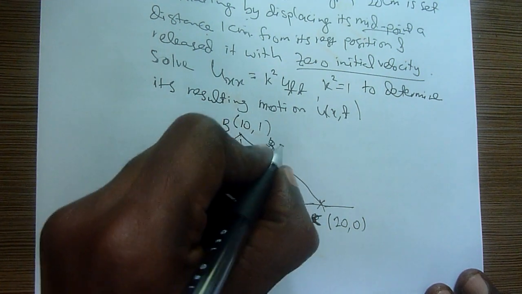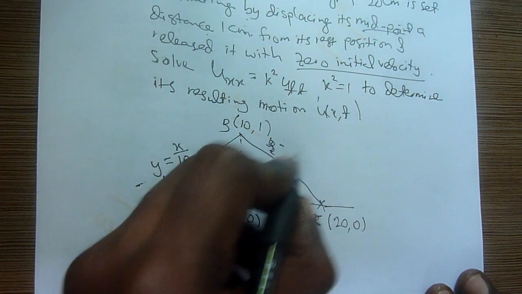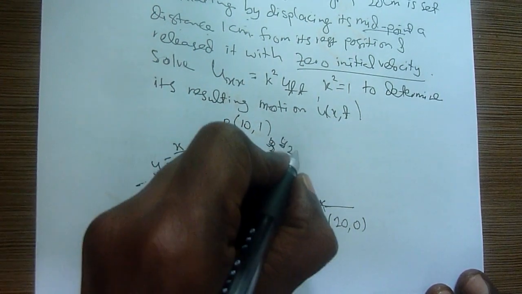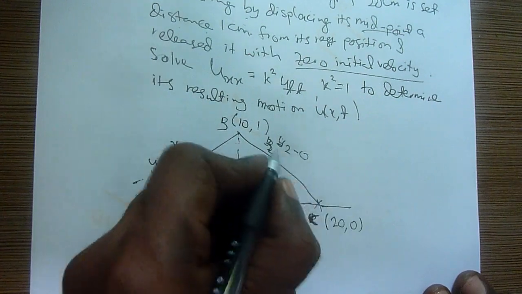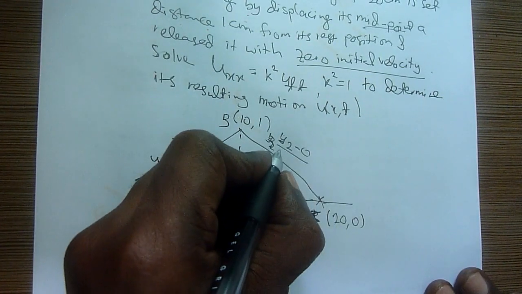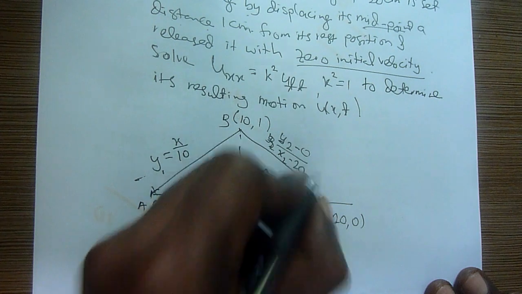Let me write this. I pick this, y2 minus 0, over 20.